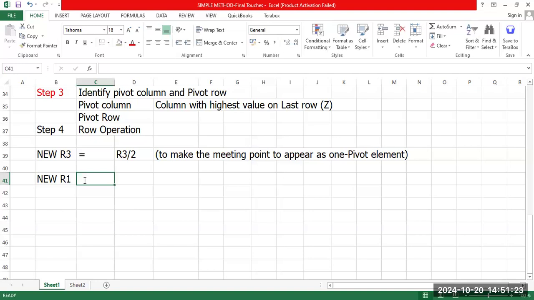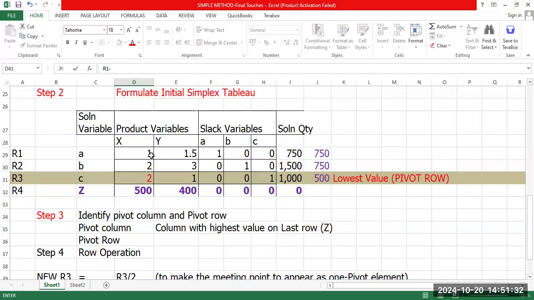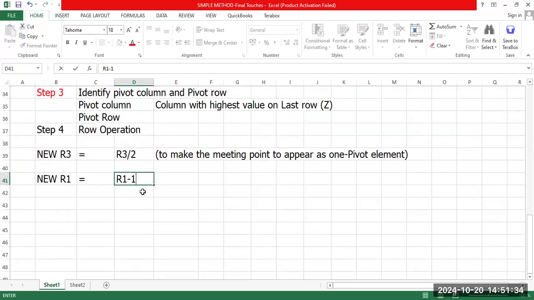New row 1 will be equal to the row you want to change, that is row 1, minus the value you want to change, which is 1, times your pivot row, which is new row 3.